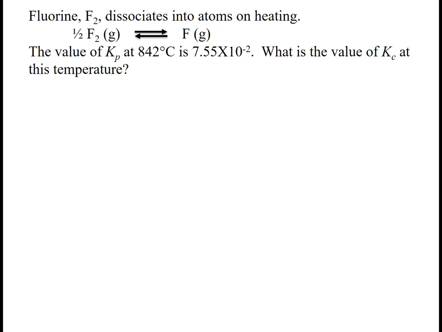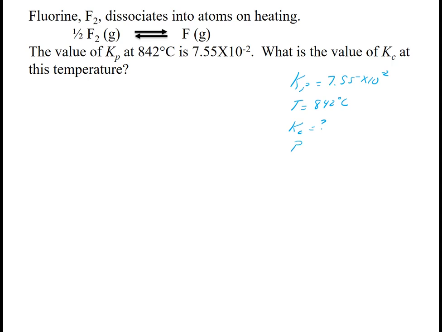Last example for this section is this reaction. This is fluorine dissociating into its atoms upon heating. I have a Kp that is 7.55 times 10 to the minus 2, at a temperature of 842 degrees C, and they want to know what is Kc for this reaction.